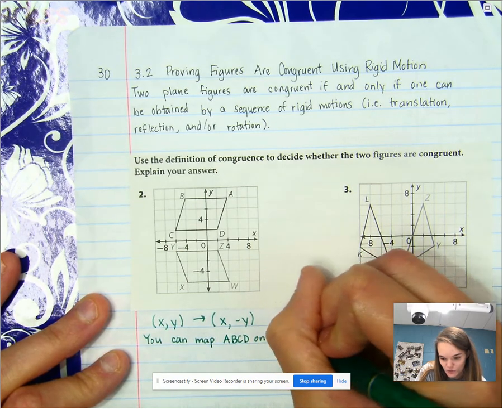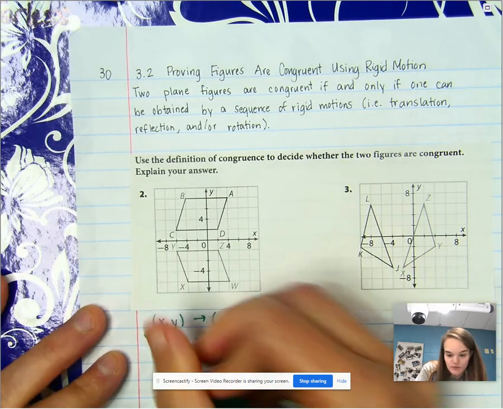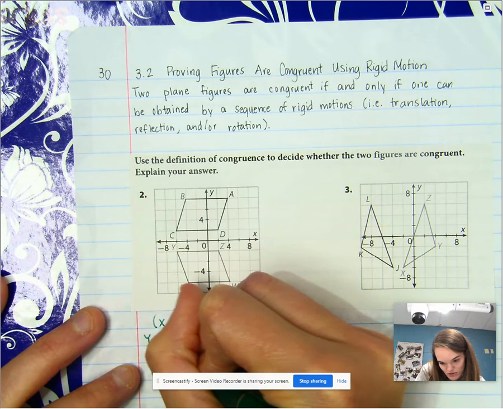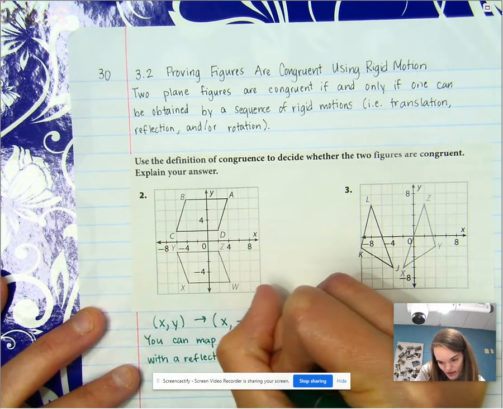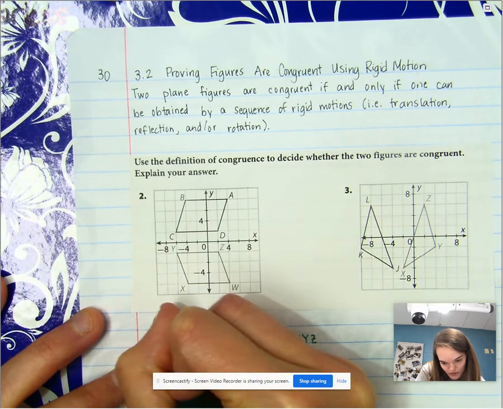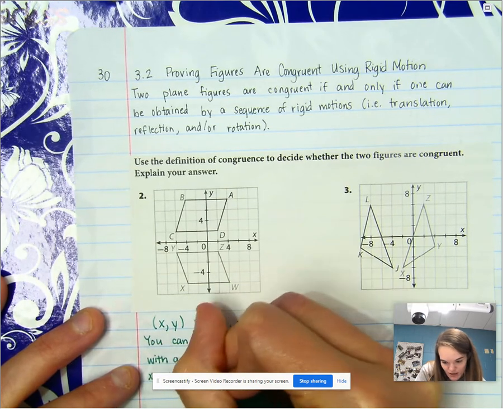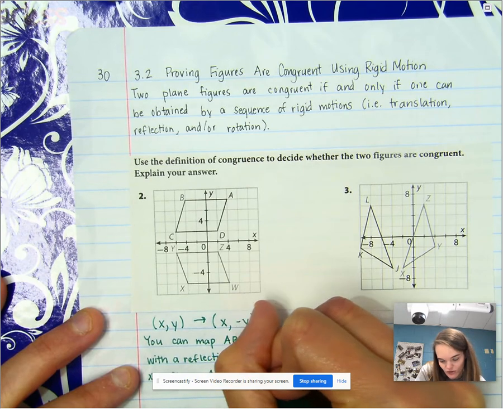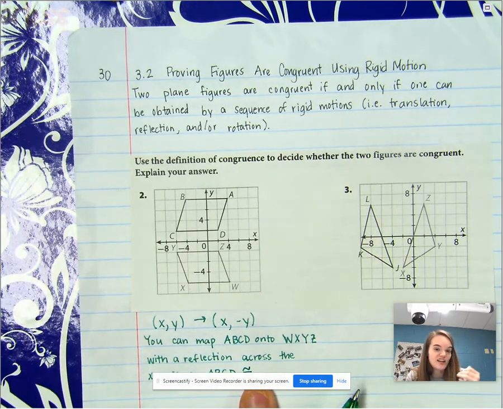W, X, Y, Z with a reflection across the x-axis, which means A, B, C, D is congruent to, that's the first time we've used this where we actually had to write it ourselves.